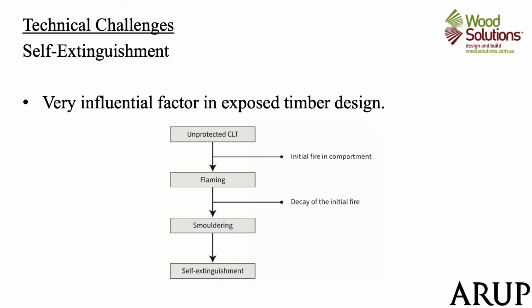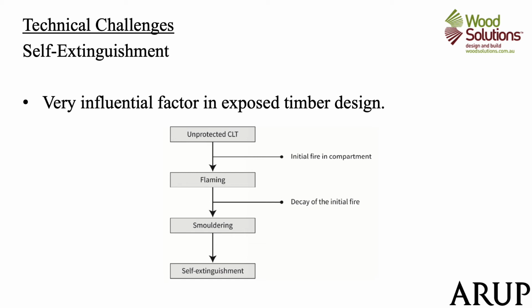The next thing is self-extinguishment. This is a big topic for timber fire engineers. Everyone's talking about it. So basically, self-extinguishment is defined as if you take away the heat source, then at what heat flux does the timber cease to burn? So it's a really influential factor in designing exposed timber buildings.